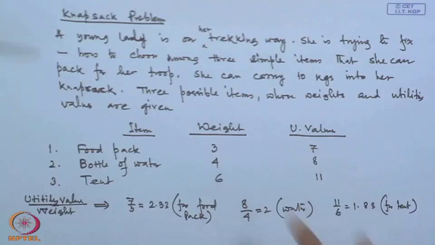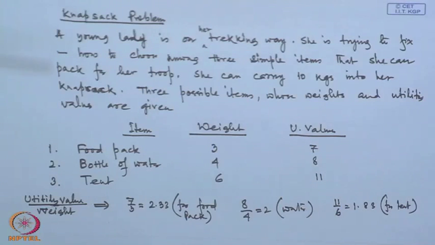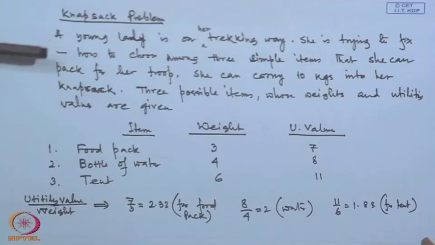But if we see the data set, it has the weight 3 kgs, that is why she can carry at the most 3 food packs, but 1 kg will not be utilized. That is why the whole constraint will be underutilized in this case. Thus, whatever decision we are giving, packing 3 food packs, is not a very wise way to suggest. That is why we have to take a decision in a scientific way.